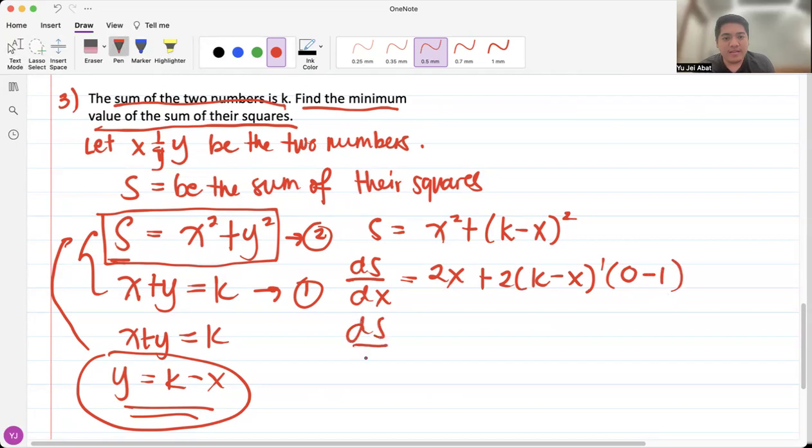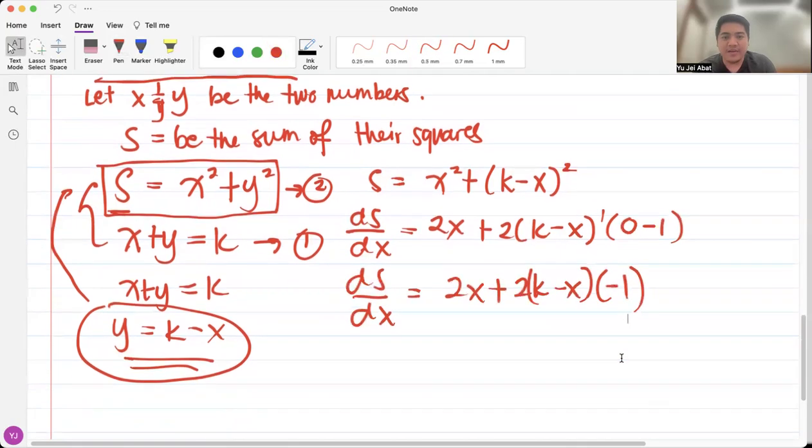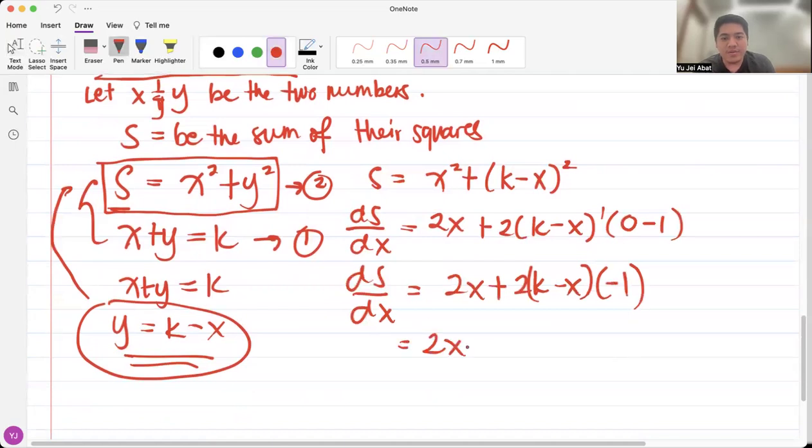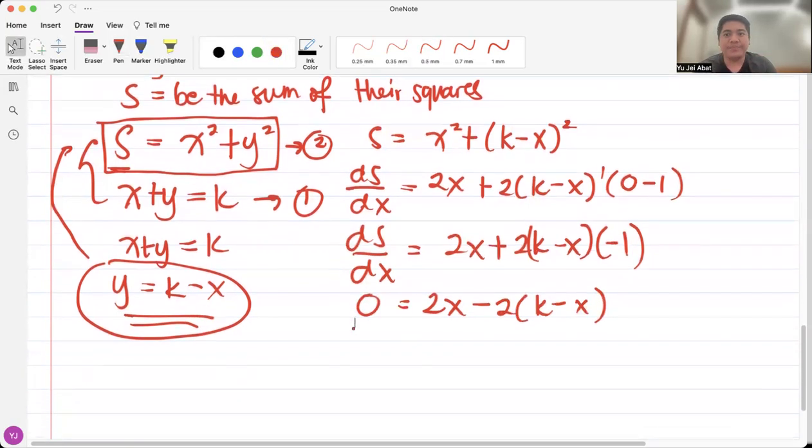Simplifying, that would be 2x minus 2 times k minus x. And of course, we have to equate this to 0.